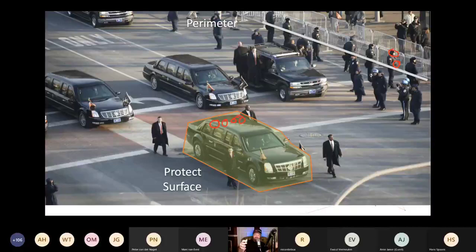Now, because the Secret Service knows what they need to protect, they can do something really amazing. They can move their controls in adjacent to the protect surface. Get those controls in as close as possible. We don't do that in cybersecurity. We put our controls out here on the perimeter or maybe an endpoint, which are a long way from what we're actually trying to protect.